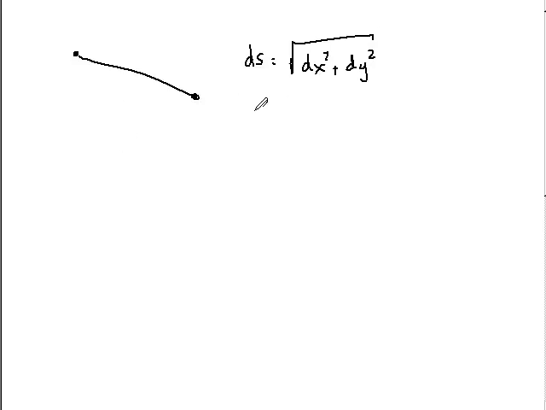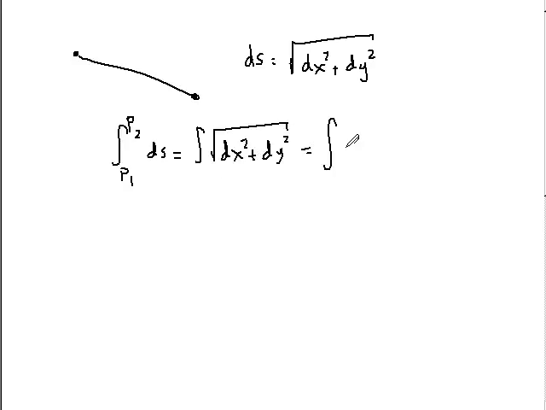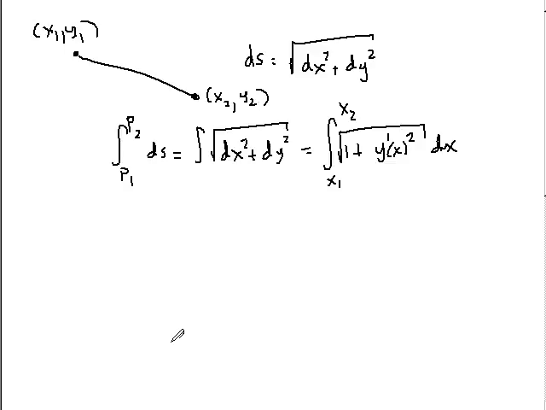So if you look at the distance between point 1 and point 2 of ds, so that's square root of dx squared plus dy squared. If you factor out a dx, this is square root of 1 plus y prime of x squared, dx, going from x1 to x2. So this is point x1, y1 to x2, y2. Okay. So this is my function here, f, of x, y, and y prime.